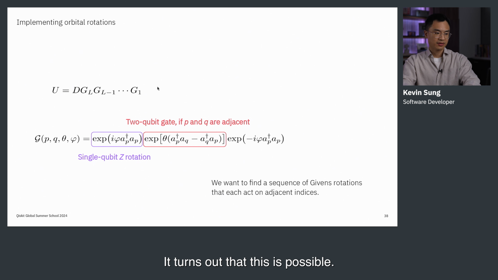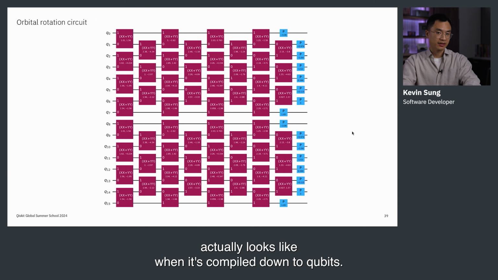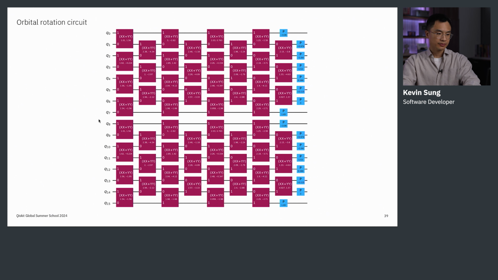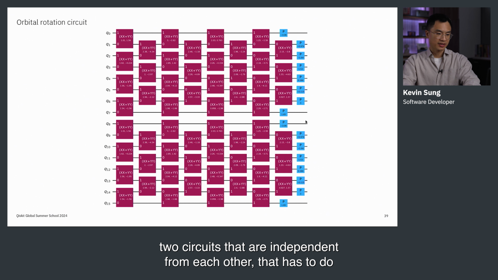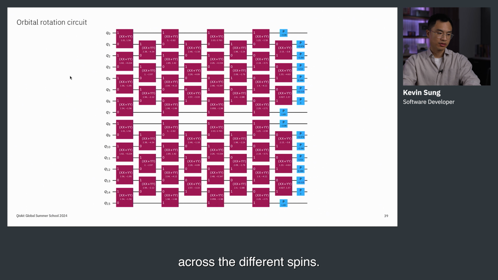It turns out that this is possible, and here I'm just showing a picture of what the orbital rotation actually looks like when it's compiled down to qubits. So first of all, you'll notice that there's two circuits that are independent from each other. That has to do with the spin variable, which allows you to parallelize the orbital rotation across the different spins.